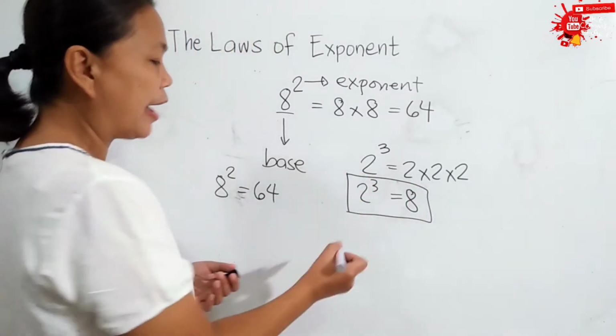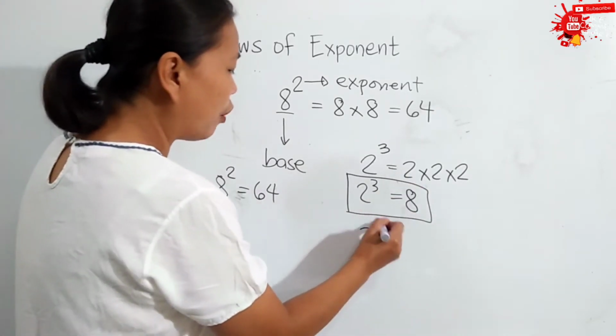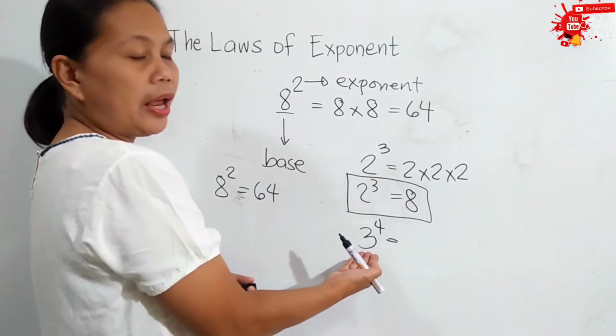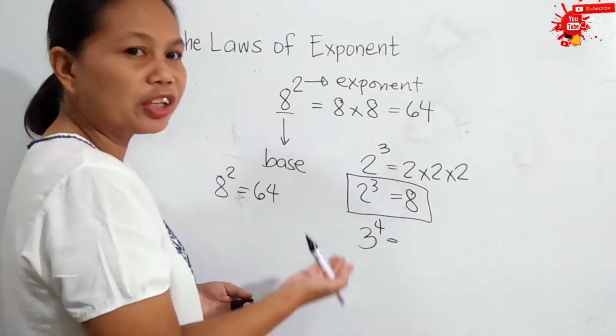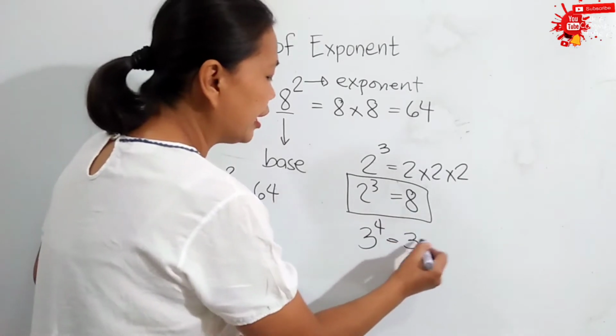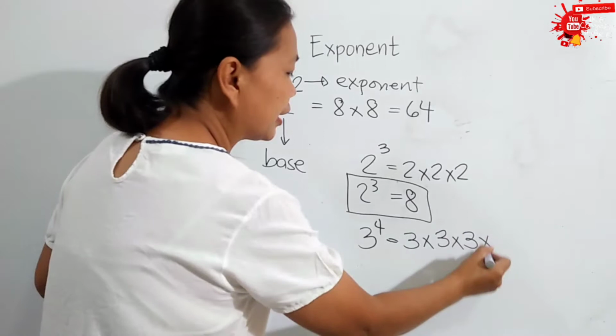Now, let us have 3 raised to 4. Here, we have the base 3 and the exponent, which is 4. So it means that we are going to multiply 3 to itself 4 times. So we have 3 times 3 times 3 times 3.